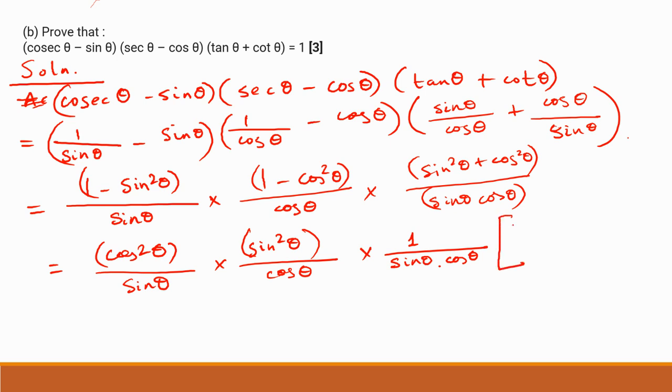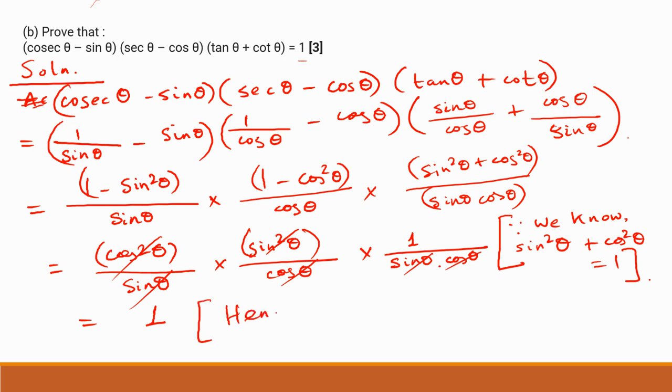You need to write why you suddenly wrote 1, why you suddenly wrote sine squared theta, why you suddenly wrote cos squared theta. So you have to explicitly mention it: since sine squared theta plus cos squared theta equals 1, right? So from here, all this gets cancelled and you get 1. You started from this side, you got this side, so hence you can write hence proved, basically.